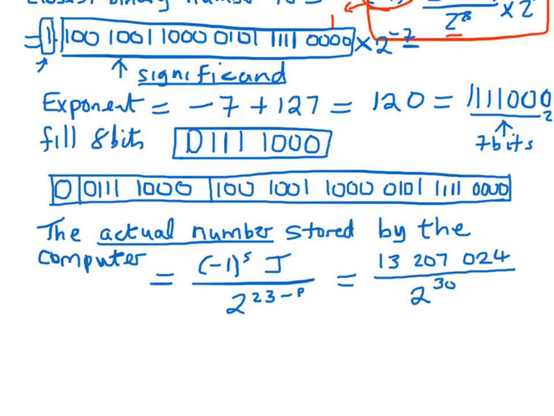And if you work that out on your calculator, you'll get 0.0122, and then all the rest are 9s. There are 5 9s on my calculator after that. 1, 2, 3, 4, 5. So this is an actual fact. What the exact number is, to whatever precision, that the computer is actually storing to represent the number 0.0123.